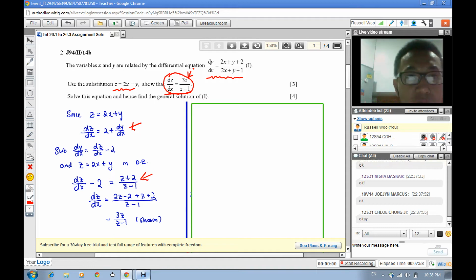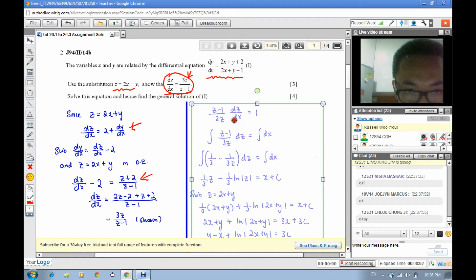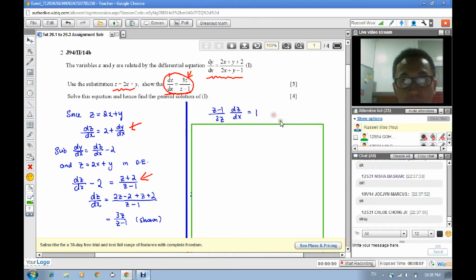So we must be very careful. Before we start to integrate, we must do something to the equation such that the function of z appears on the left hand side, not on the right hand side. Only then can you integrate both sides.